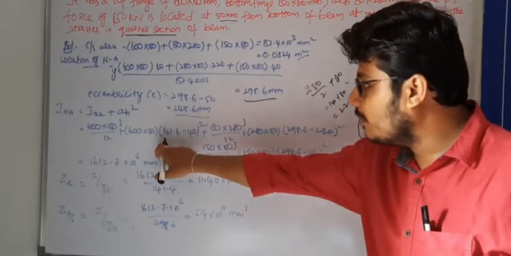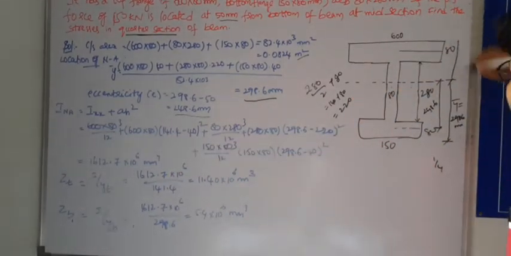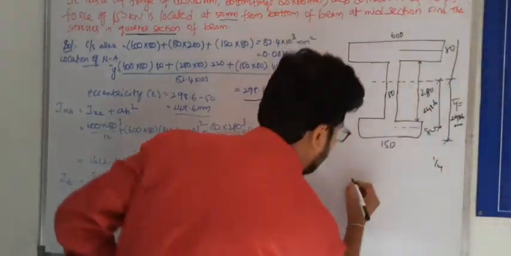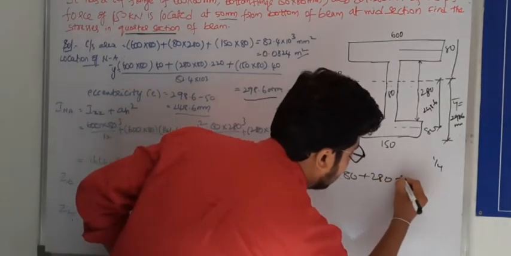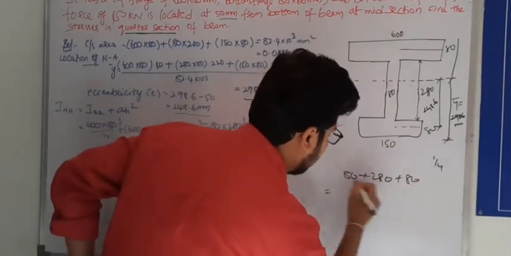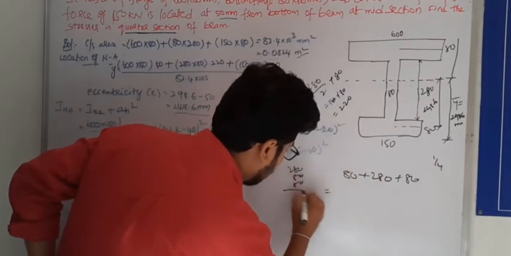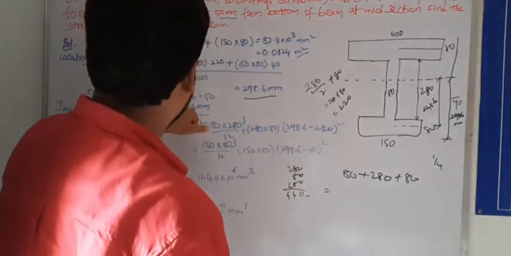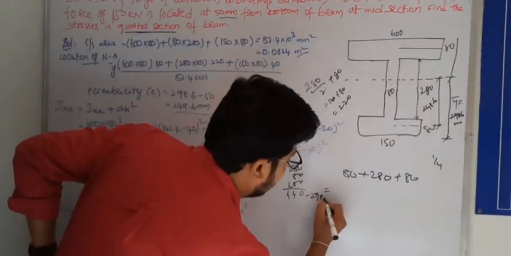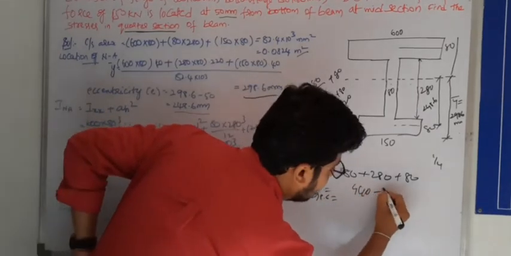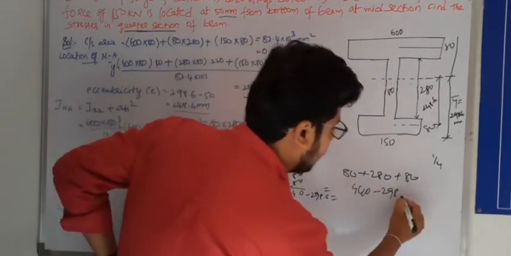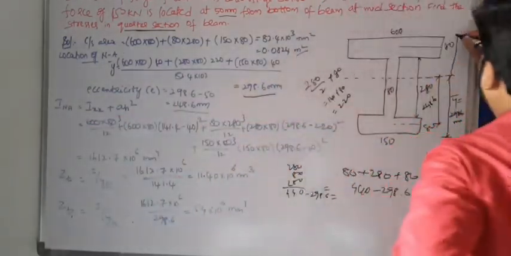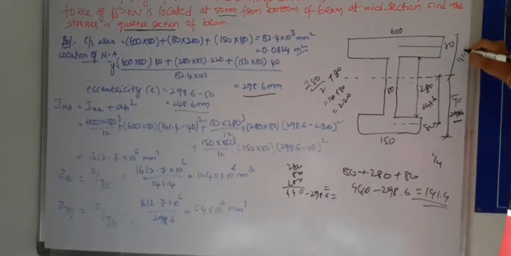How do we get 141.4? It is the remaining height: 80 plus 280 plus 80 is 440, and 440 minus 298.6 gives 141.4.